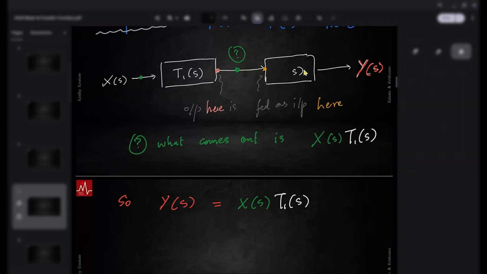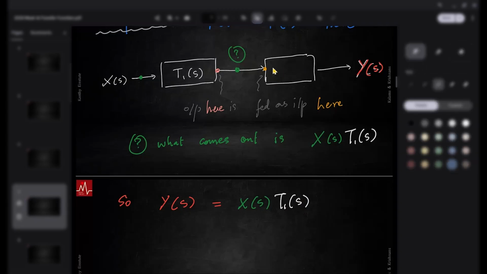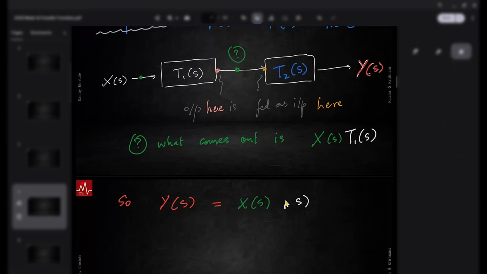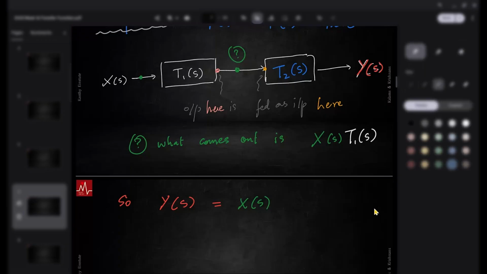Let's color code this. This is your input to that system. Input is fed to second system. This is your output.